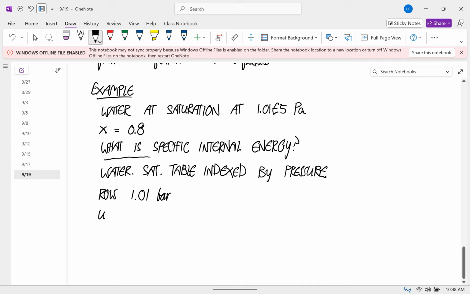You would read that the specific internal energy for the vapor is 2506 times 10 to the third joules per kilogram, and that the specific internal energy for the liquid is 419 times 10 to the third joules per kilogram.